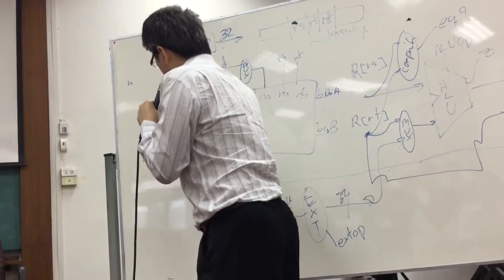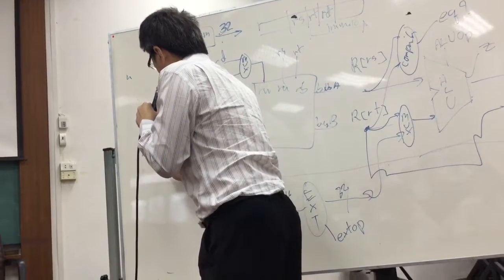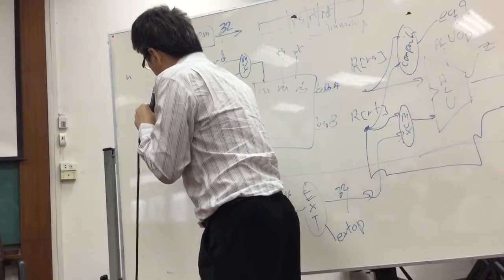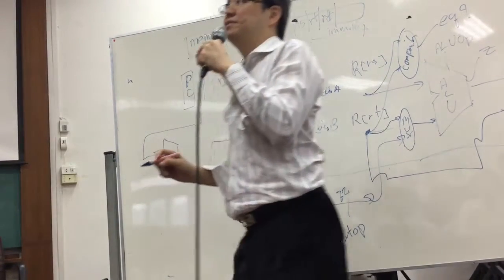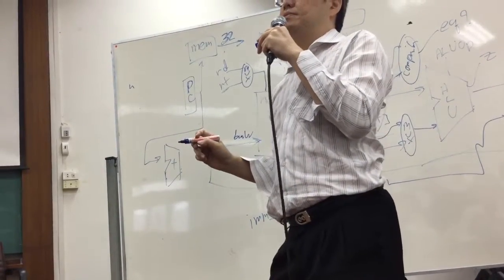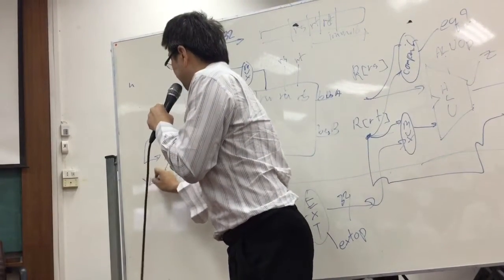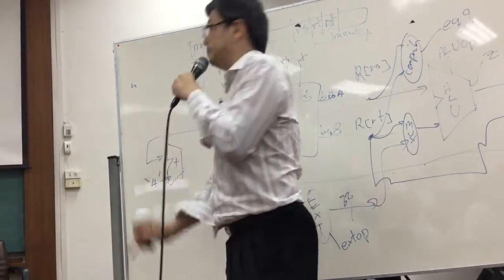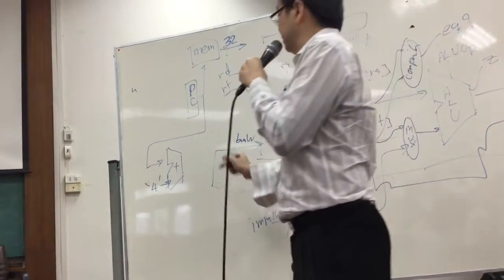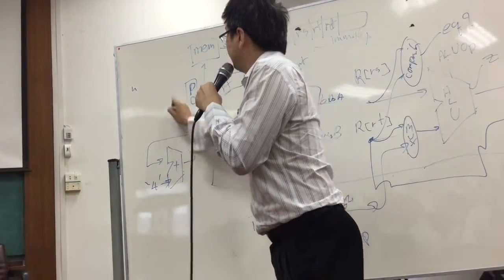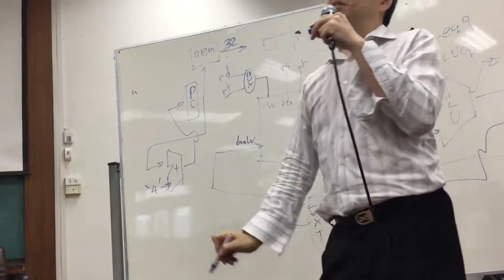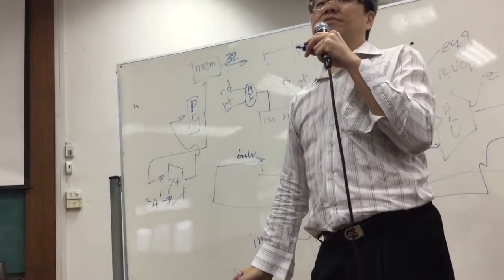You need an adder, and you have to add 4. Right here, that's PC plus 4, and write the result back here. That's PC equals PC plus 4.